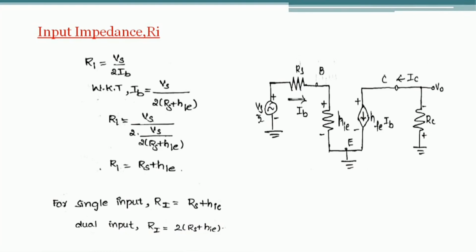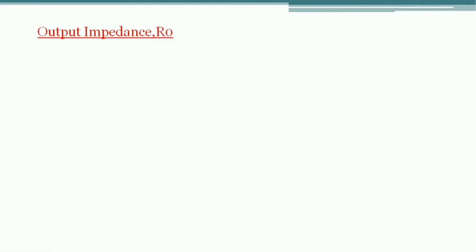Okay, at last we are going to see how to calculate the output impedance. Likewise the input impedance, the output impedance is also measured with respect to the output terminal to the ground potential.